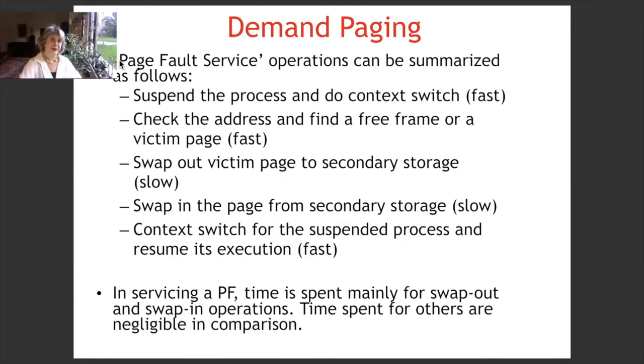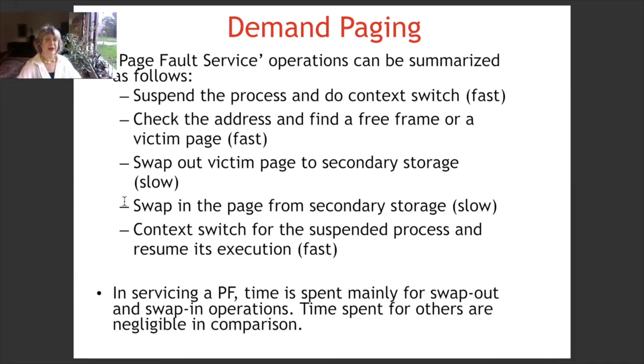In demand paging, page fault service operations can be summarized as follows. Suspend the process and do a context switch. This is the first operation. Check the address and find a free frame or a victim page. Swap out the victim page to secondary storage. This is a slow operation.